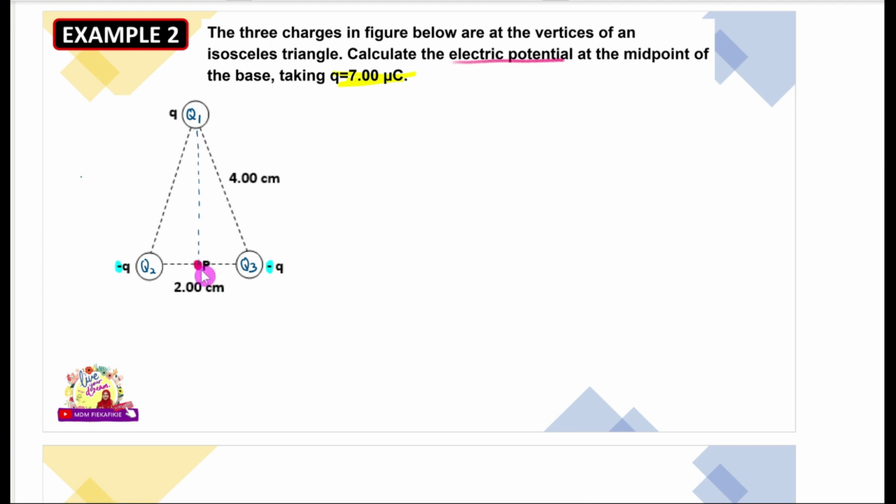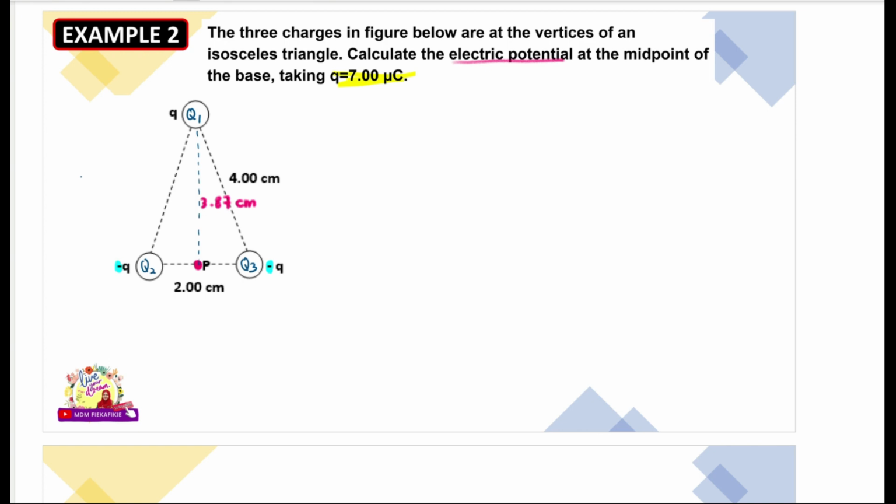Since kita dah tahu ini 2 meter, the hypotenuse of this triangle minus 1, 4 squared minus 1 squared, take the square root. The distance between point P and charge 1 is 3.87 cm. Tolong check, kadang-kadang saya tersilap kira, you boleh betulkan saya.